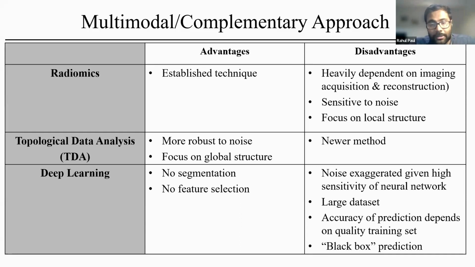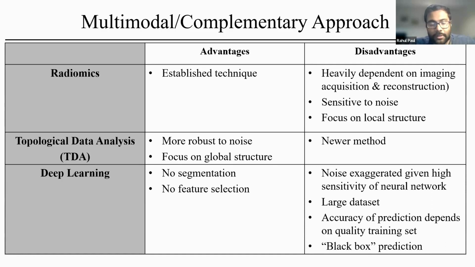And deep learning, you don't need any kind of segmentation, which is a benefit, at least for our procedure, or any kind of feature selection. But the disadvantages are, you generally need a large data set. Sometimes the quality of your network prediction usually depends on the quality of the training set.